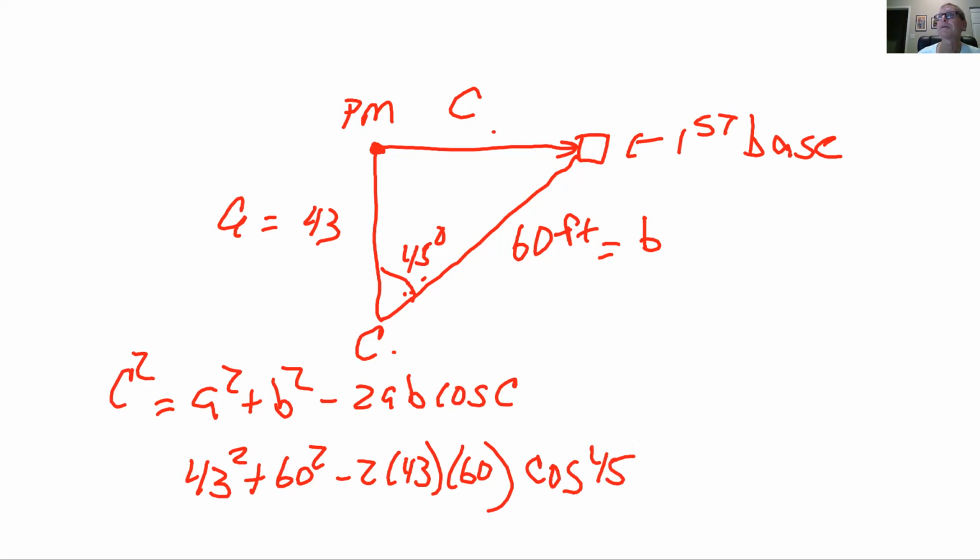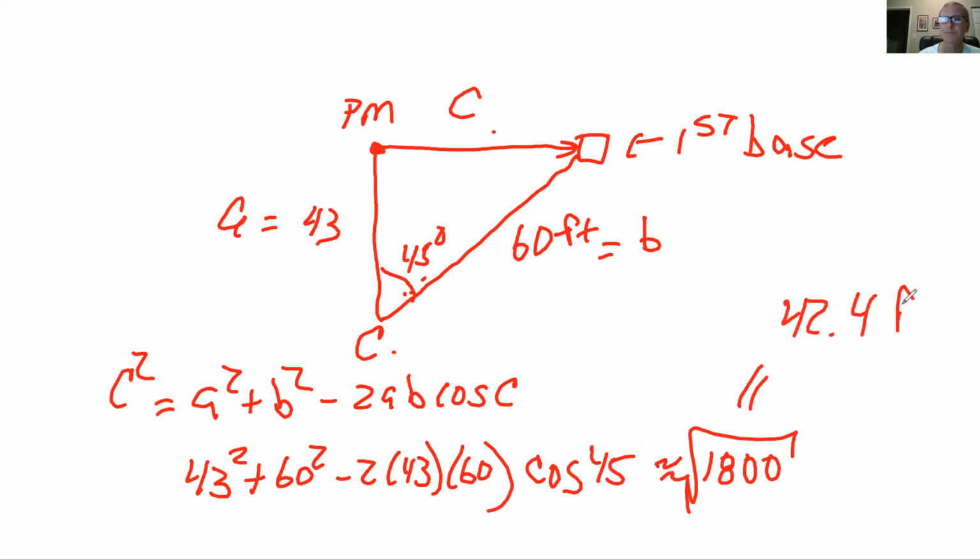So let me find my answer here. And so if you got out your calculator, this would be about 1,800. And so if you took the square root of that, you would get about 42.4 feet. So the distance from the pitching mound to first base would be 42.4 feet.